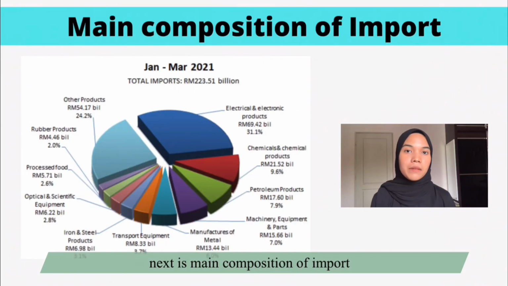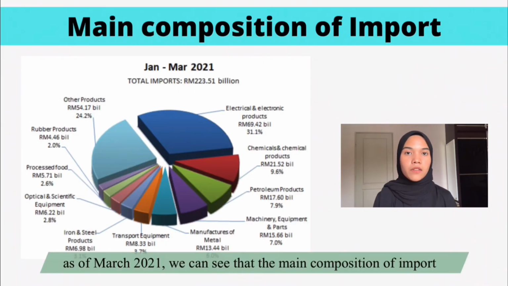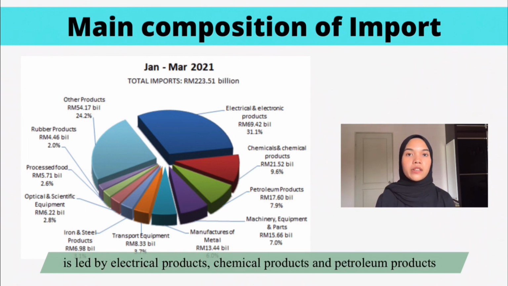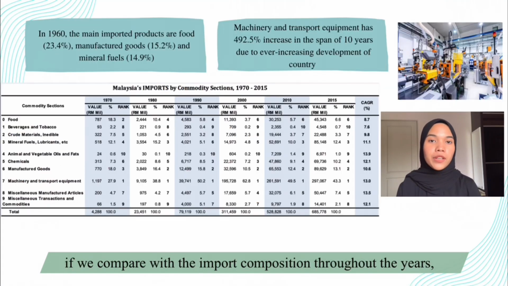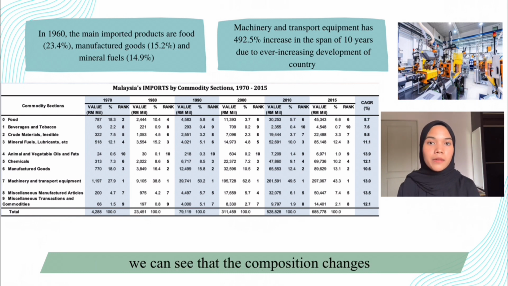Next is main composition of import. As of March 2021, we can see that the main composition of import is led by electrical products, chemical products, and petroleum products. If we compare with the import composition throughout the years, we can see that the composition changes.